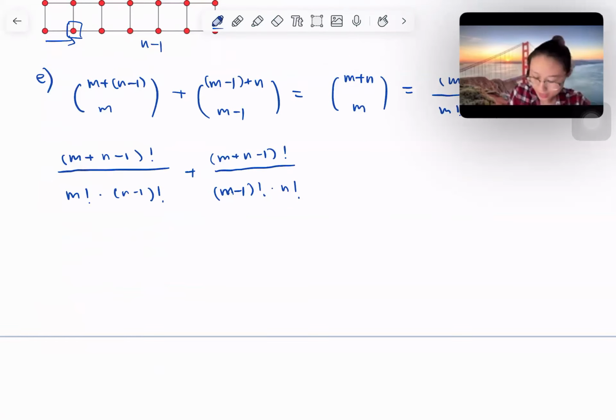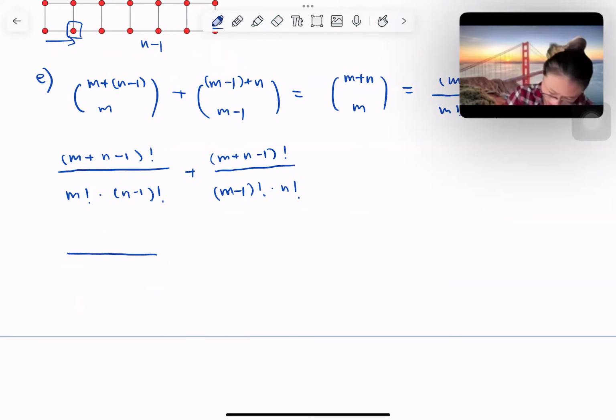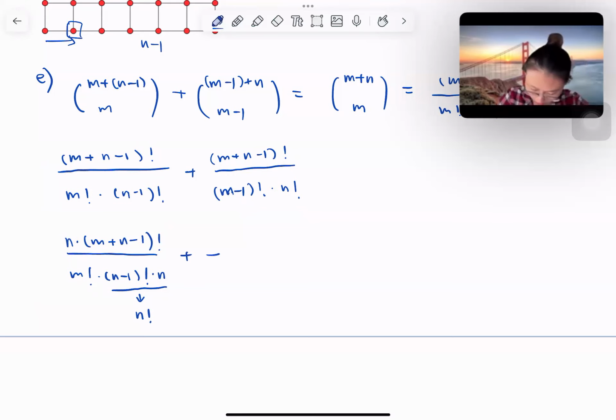Because we need to add these two together, we need to make their denominators the same. Hence, we multiply by another n, which will make this 2n factorial. Because we multiply by n here, it should be n times n plus n minus 1 factorial.